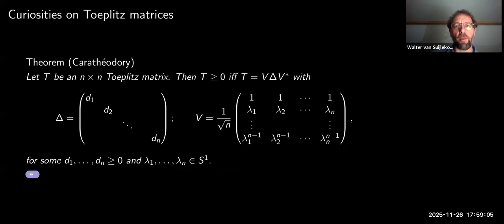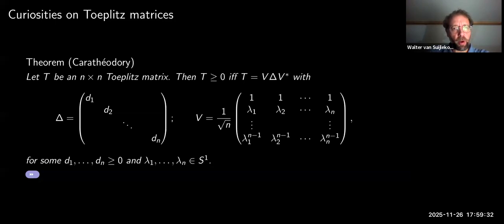If you take an n by n Toeplitz matrix, then it's positive if and only if it's of that sort of diagonal form, where V is this type of Vandermonde matrix, where the lambdas are the points on the circle. All right, so that's what we have in this context.